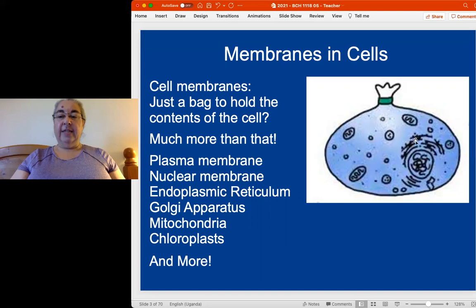We have the endoplasmic reticulum, which is made of membrane. We have the Golgi apparatus, which I don't think is illustrated here, which is made of membrane. We have mitochondria with membrane around them. In plants, we have chloroplasts with membrane around them. We have lysosomes and peroxisomes, all those things that we've learned about, but are separated by membrane from the rest of the cell contents.